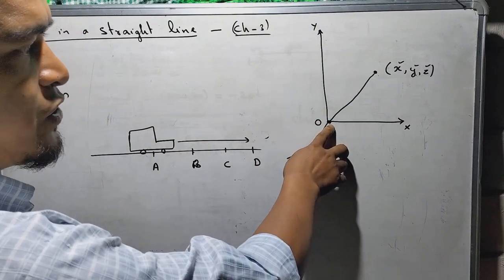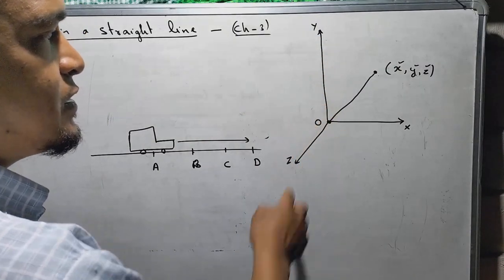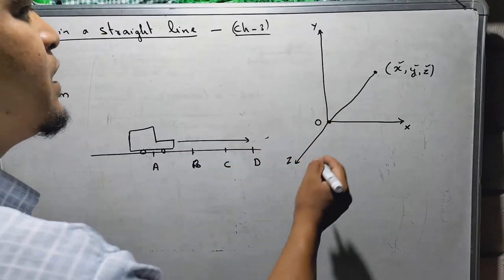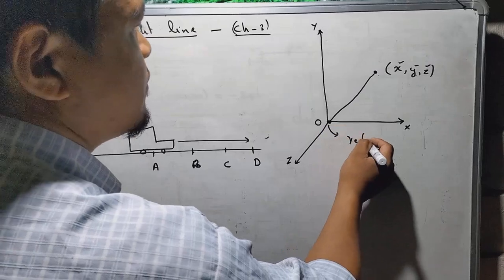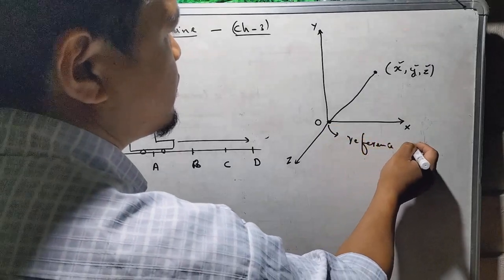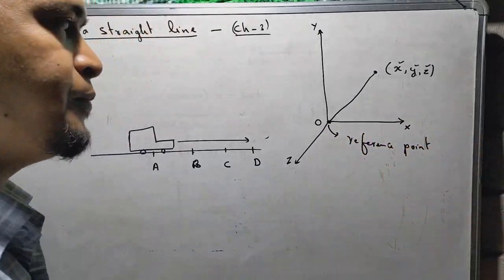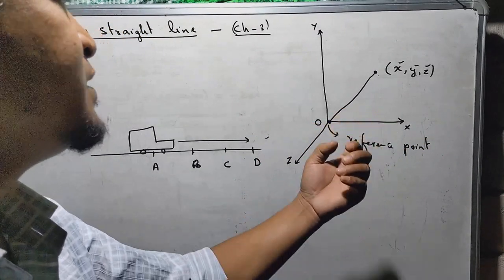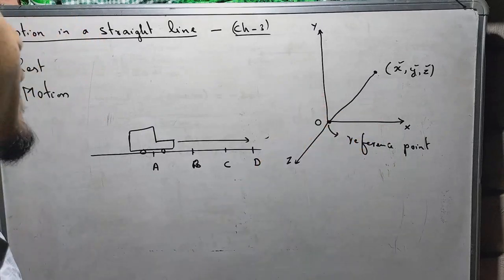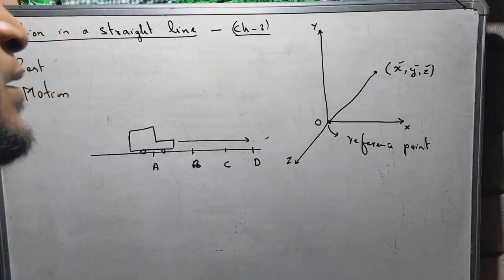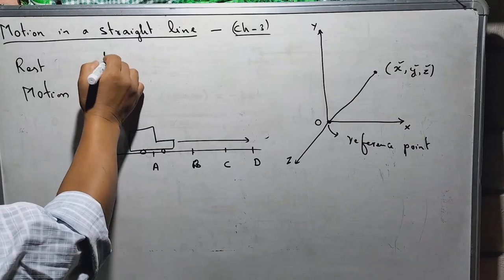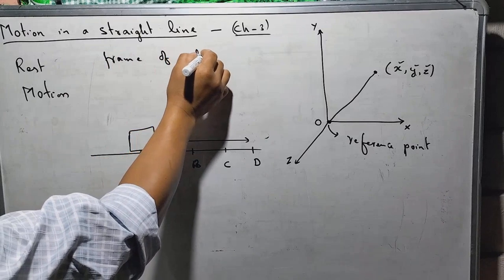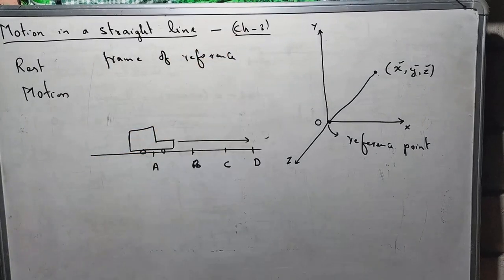The point of intersection of these three axes is called the origin, and this origin serves as a reference point. And if you place a clock on this reference system, then the clock together with this coordinate system is known as a frame of reference.